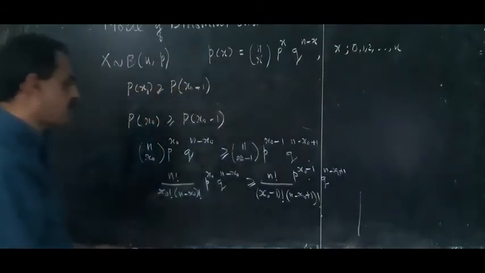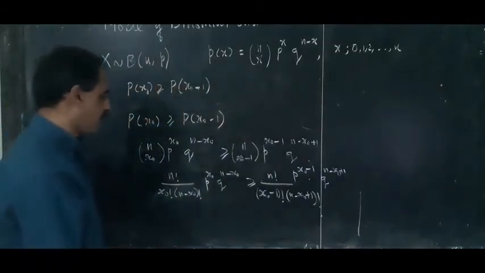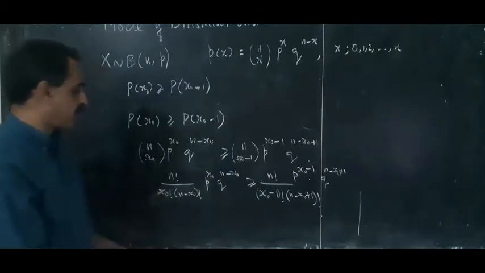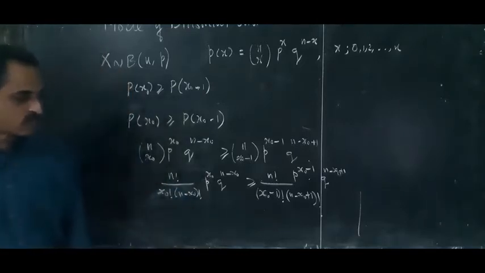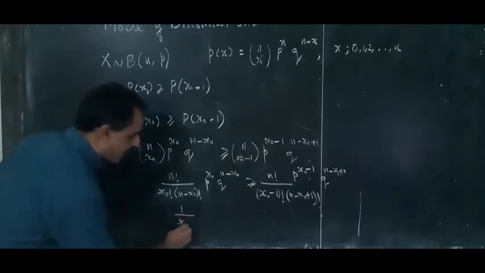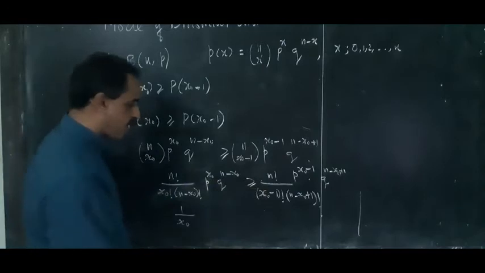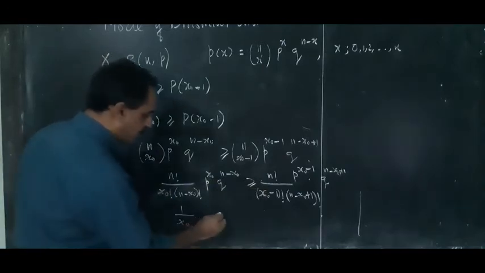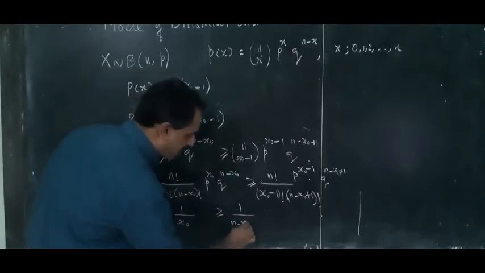Okay, again we can cancel similar terms on the left and right sides of this equation. As before, the n factorials will be cancelled. On the left side, this x0 factorial, and the other side is (x0 − 1) factorial. So it's only 1 by x0 on the left side. This is n − x0, the opposite side is n − x0 + 1. So it is 1 by (n − x0 + 1).